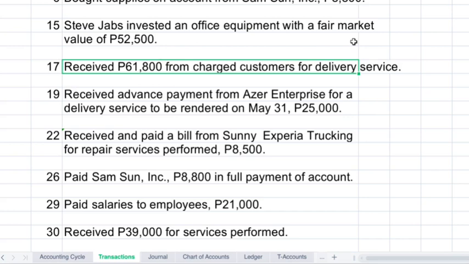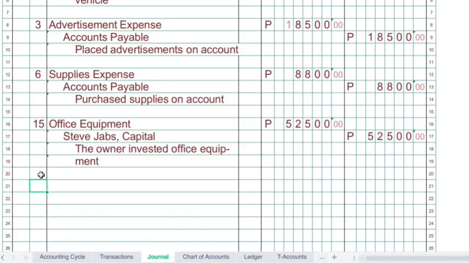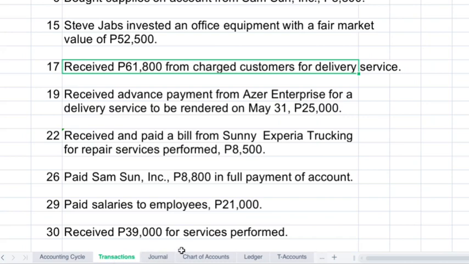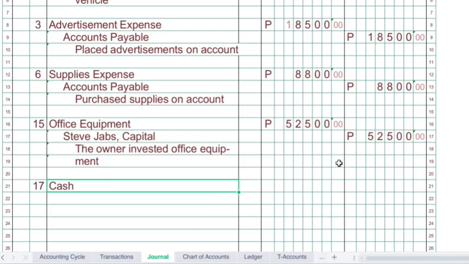Okay, delivery, since this is a delivery business, okay, we will use delivery revenue. So, okay, on May 17, we will debit cash because we received cash. So, nag-increase yung cash natin, which is worth 61,800.